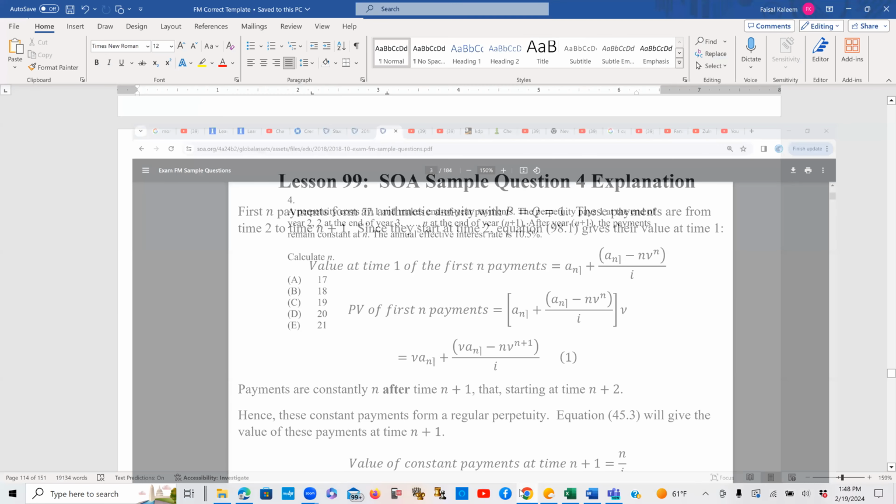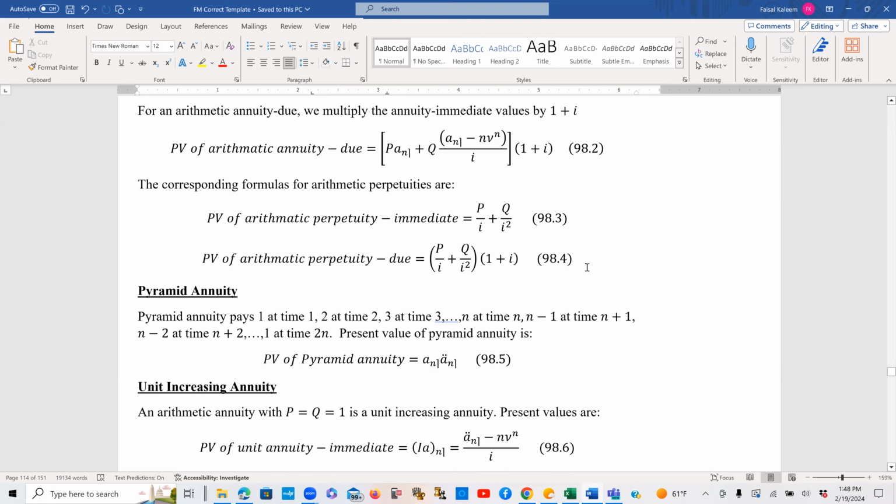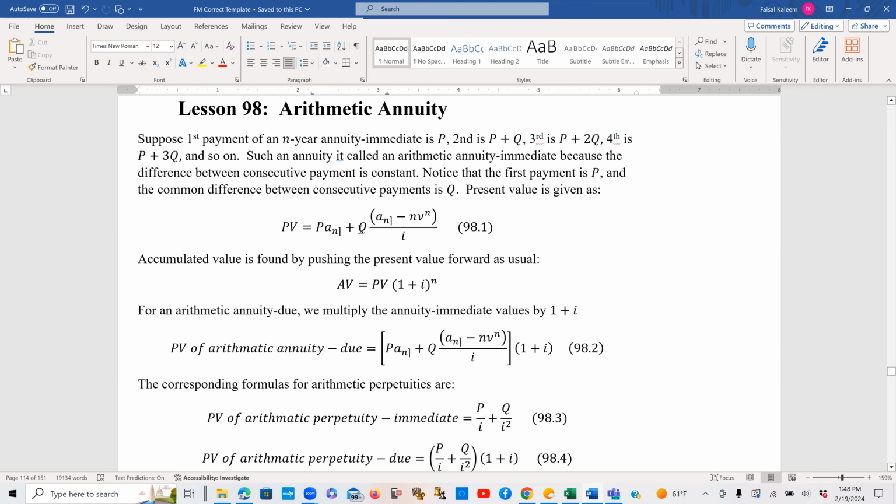So if we treat these first n payments as an arithmetic annuity immediate, then equation 98.1, which was P a_n plus Q times (a_n minus n nu^n) over i. So let me show you. 98.1 was this equation.